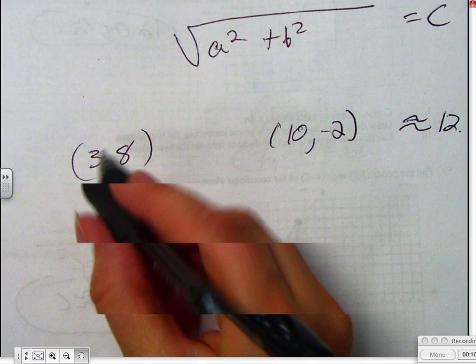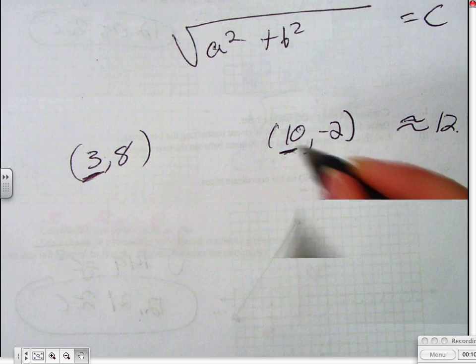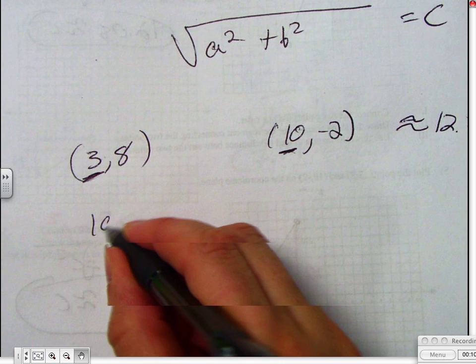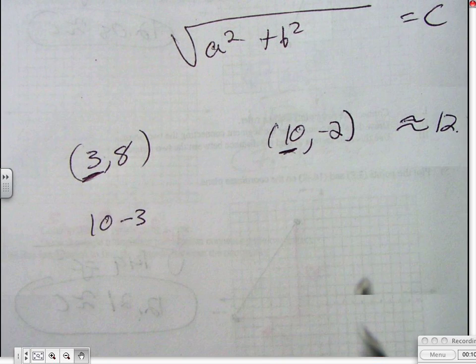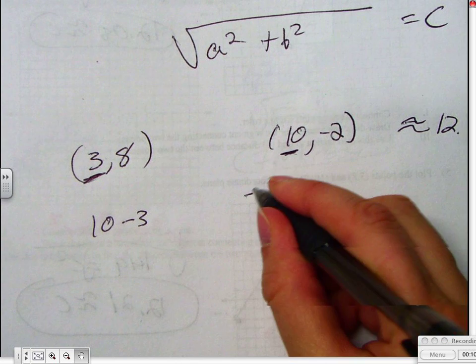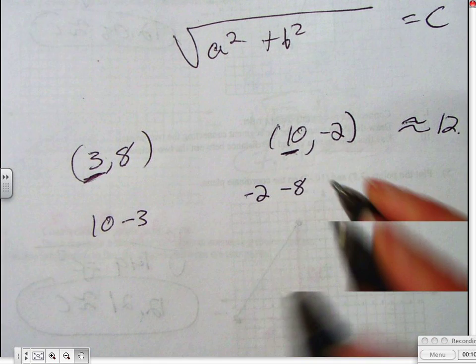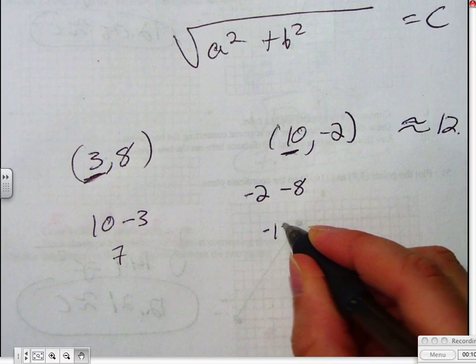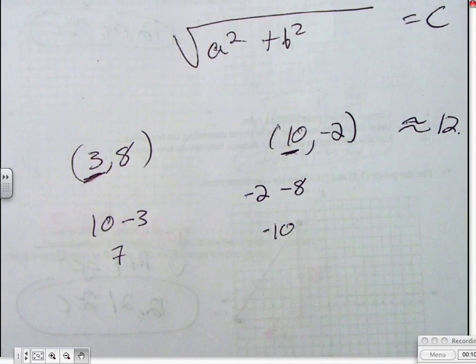How did this and this end up giving me 7? Okay, so we went 10 minus 3, right? What about 8 and negative 2? So we have to do it the same way, right? Negative 2 minus 8. That gives me negative 10. But I don't want a negative 10. But it doesn't really matter because I'm going to square them, right?